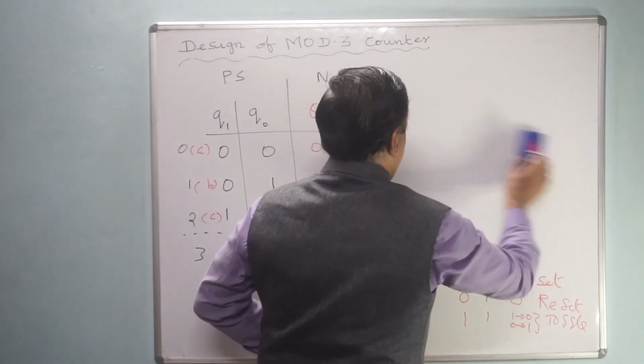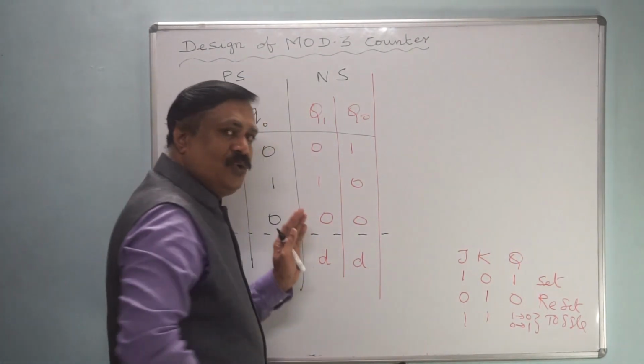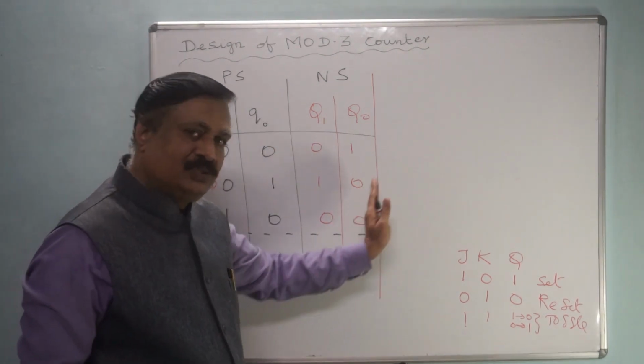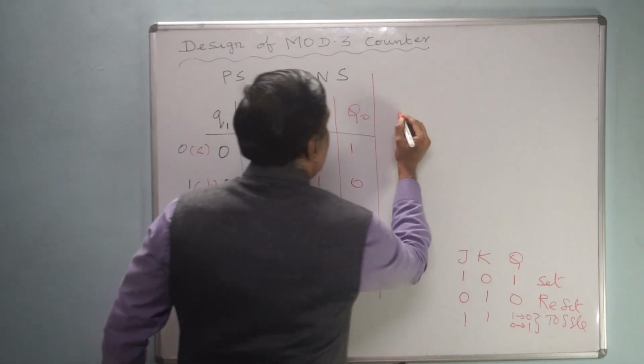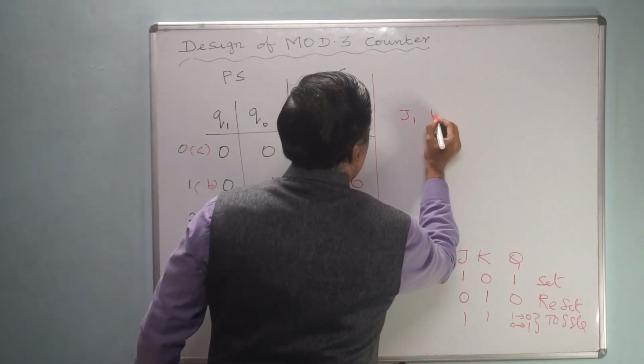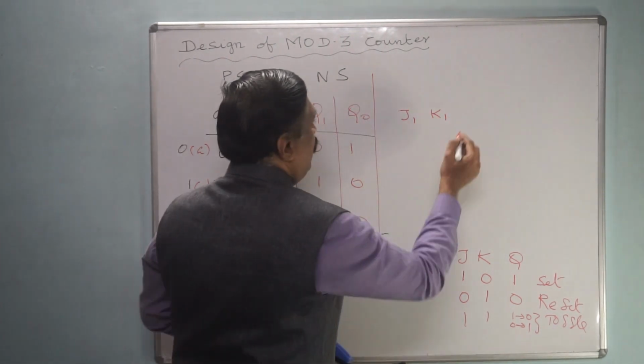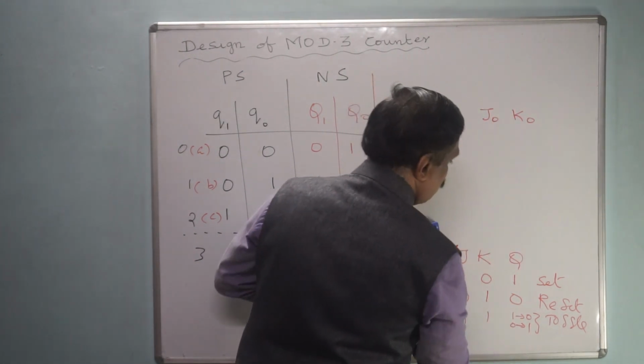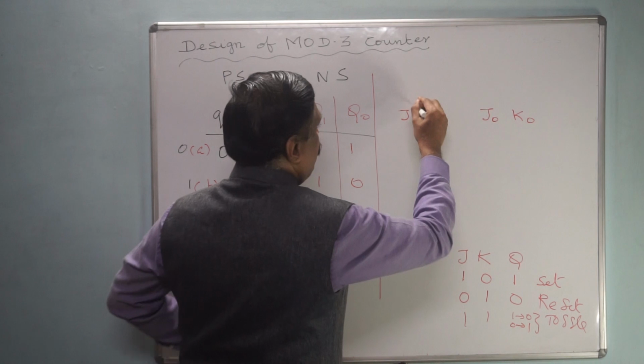As I told you, you have to make a separate table, or you can use this. Now here J1 K1 and J0 K0. I will erase this, or you can refer.